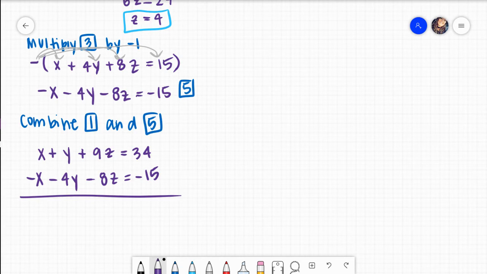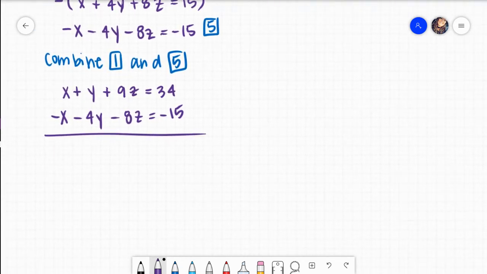If you have a positive x and you have a negative x, those are additive inverses. What happens is that they basically cancel each other, right? And if you scoot over to your y terms, what I have is a positive 1 and a negative 4. Well, those signs are different. So what you do is you subtract, keep the sign of the larger number, keep your variable, keep your exponent.